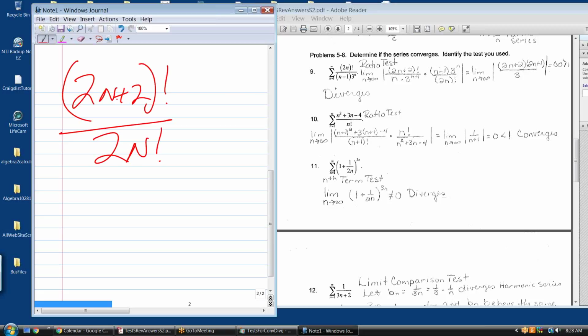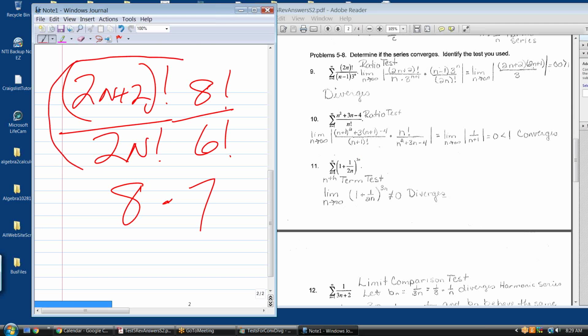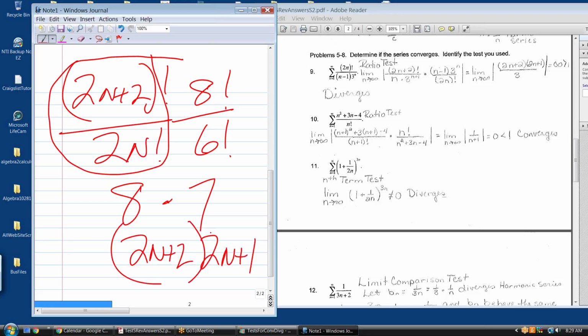If we put an n of 3 here, we have 8 factorial divided by 6 factorial. That's 8 times 7. Well, the 2n plus 2 is 8. Remember that n was 3. And the 7 is 2n plus 1. So this simplifies to 2n plus 2 times 2n plus 1.